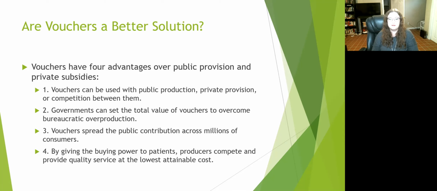And by giving the power to patients to choose between their private insurance or government insurance or different levels of private insurance, or they can pay on top of their voucher, or they can get only the amount of their voucher, we give them the ability to get the lowest cost for what their use will be and allow them to make choices on the quality of their service. Because in the single payer system, if you only have government, you don't get a lot of choices on the quality of your service.